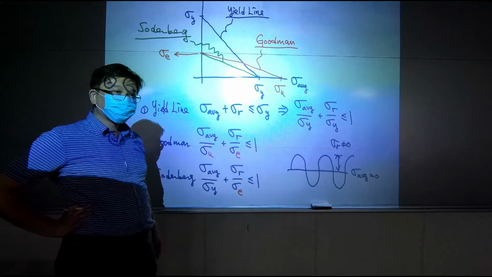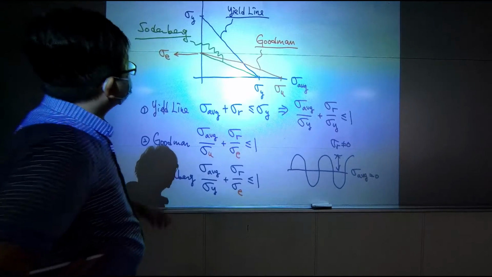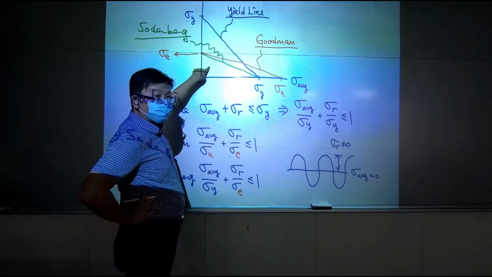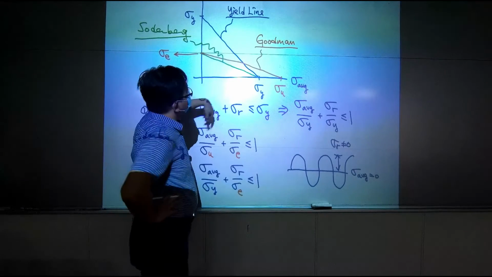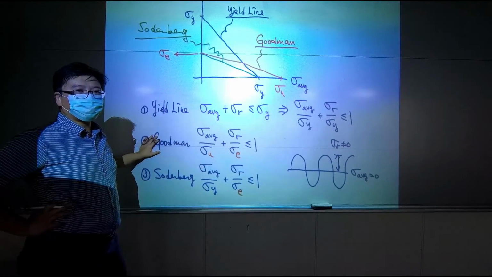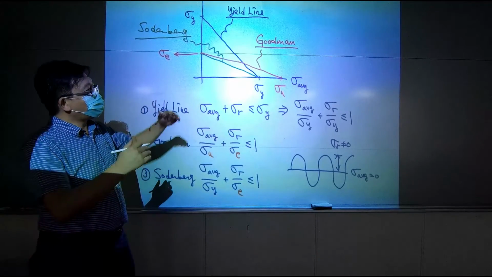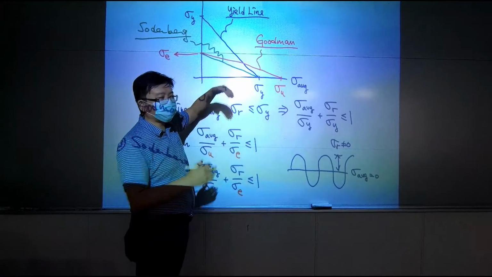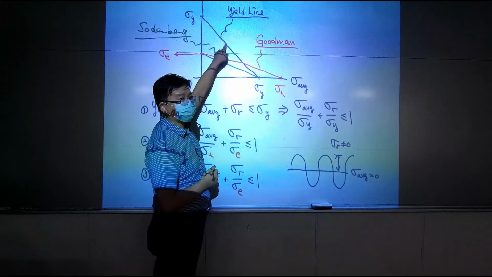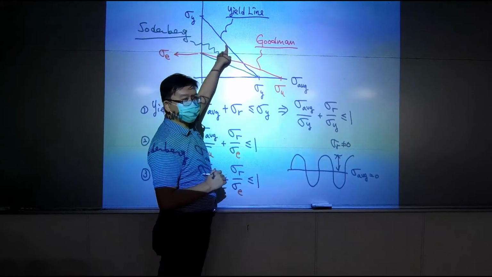Do you mean negative value? You mean like here? Like here? Yes, if you have a design right here, for Goodman, it will tell you it's a failed design. You're right. So based on different models, they decide to use a different design limit. So this is the most simple design. It doesn't consider fatigue. So it's not a good design.